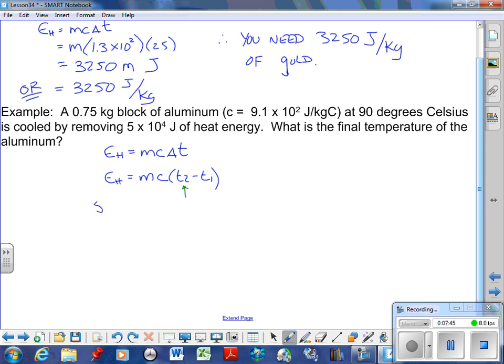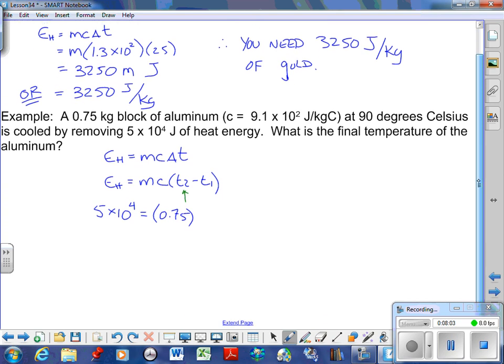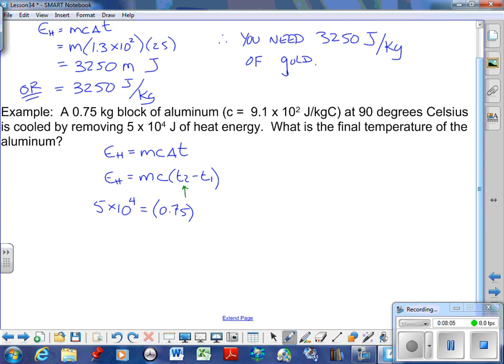Which means we should have all the other information. I know that I took out 5 times 10 to the 4th joules. I'm given a mass this time. Specific heat capacity: if you look at the comparison between gold and aluminum, aluminum has a much higher specific heat capacity, which means it takes more energy to heat up aluminum than gold.